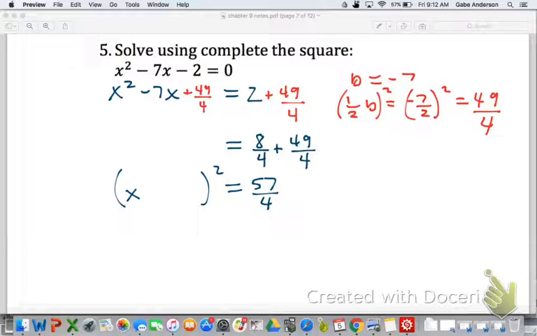There's a little pattern that you see emerge. Oh, 7 halves. Close. Negative. It's negative 7 halves.